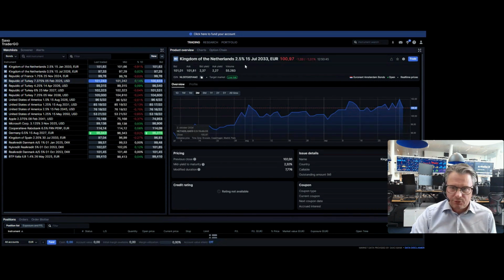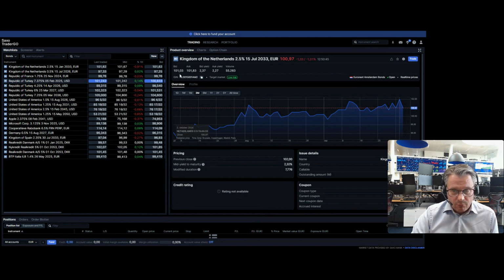Our naming convention is typically so that you see the coupon, the expiry date and the currency already in the name, but you can also see it down here below the chart where we have some attributes to the bond. Up here in the header again, we're showing the current bid and ask that we are seeing from the market. And just to the right of that, we've done some calculations on what that means in terms of yield to maturity.